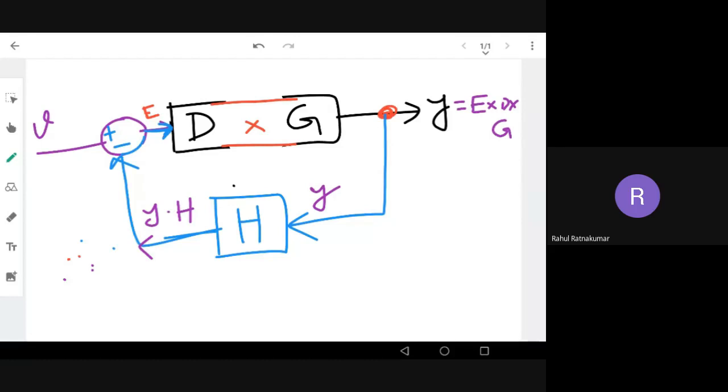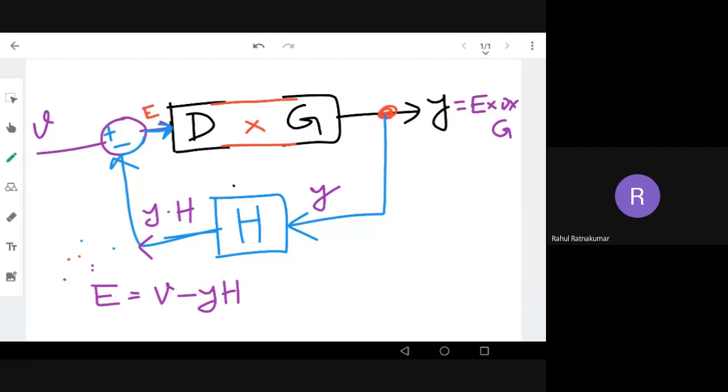Now, what is error? From this equation, error equals the input V minus Y into H, the feedback output multiplied by the feedback gain. Now let's substitute this.